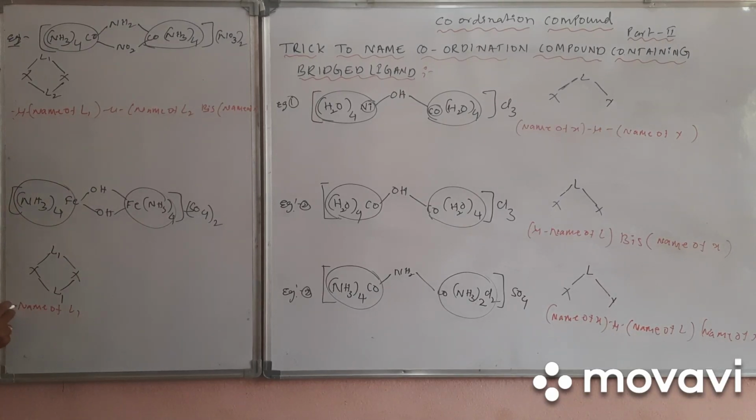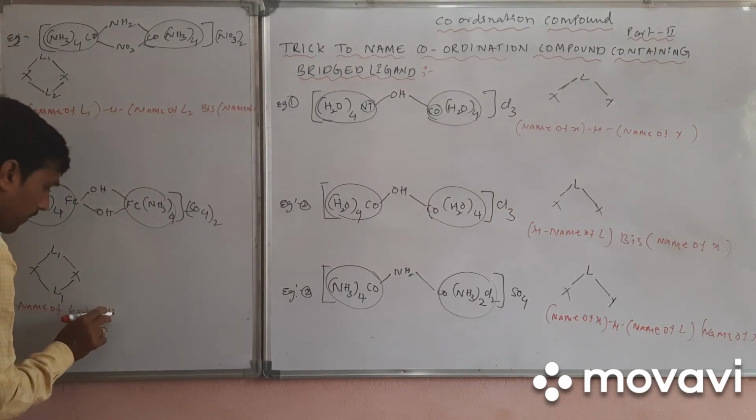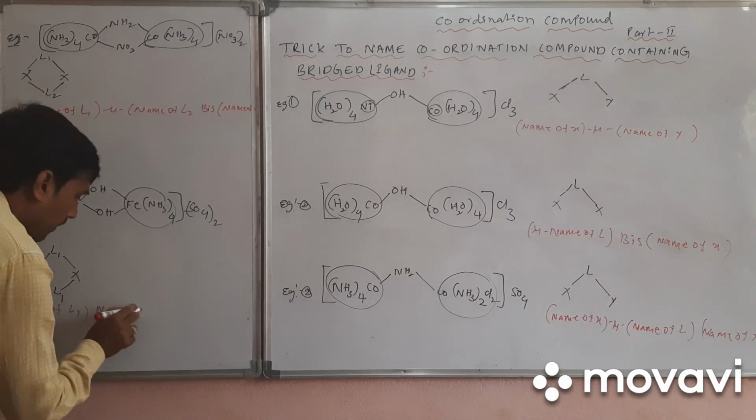Before the ligand name we use mu, next name of X.